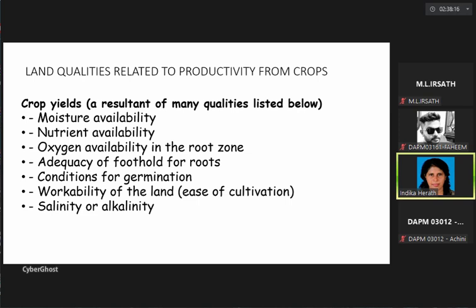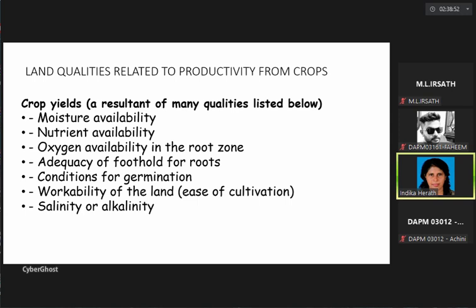Moisture availability is one, nutrient availability, and oxygen availability, especially for the root system, and adequacy of foothold for root. That means providing enough space for roots, and the conditions for germination. Those might be due to acidic or alkaline conditions and those things, right?